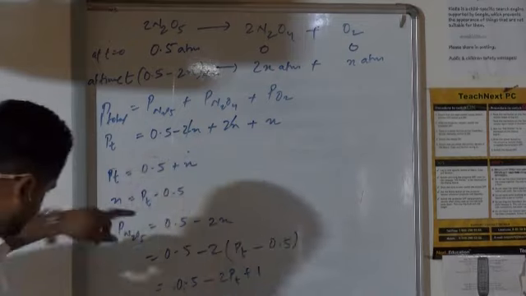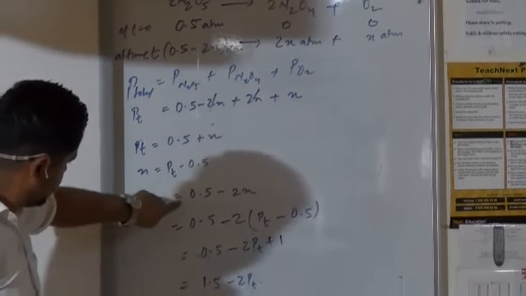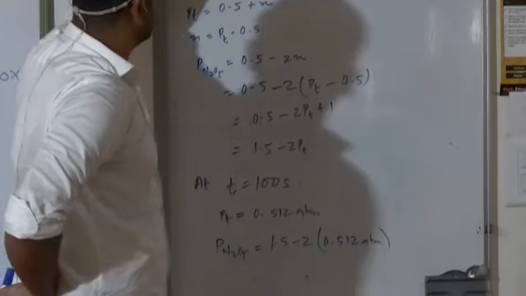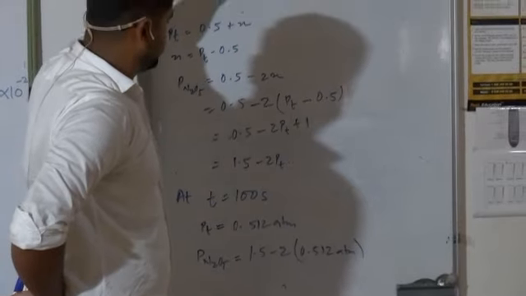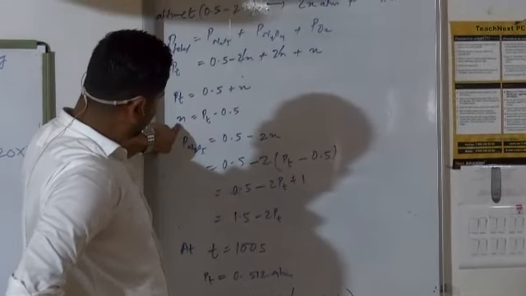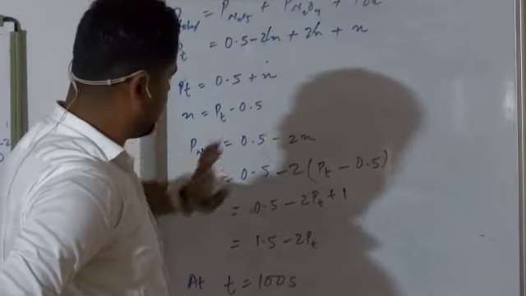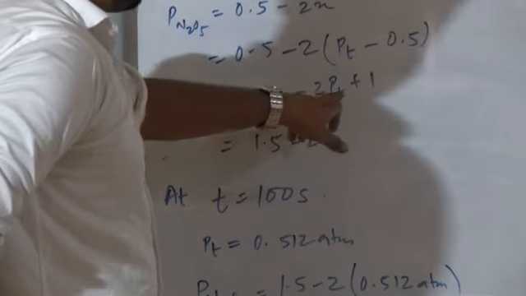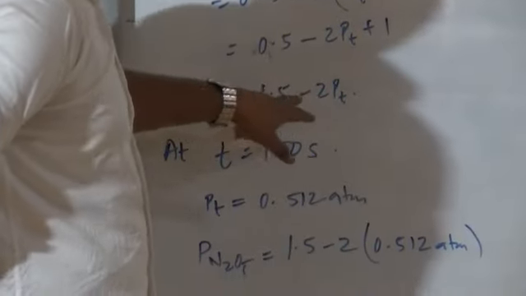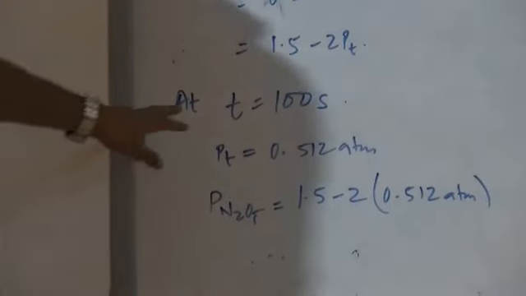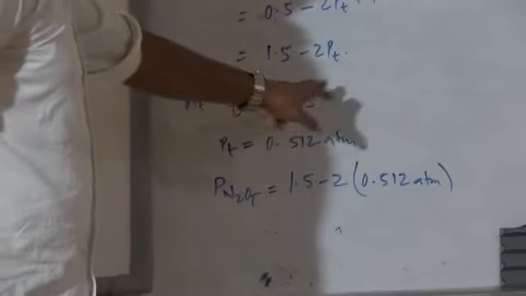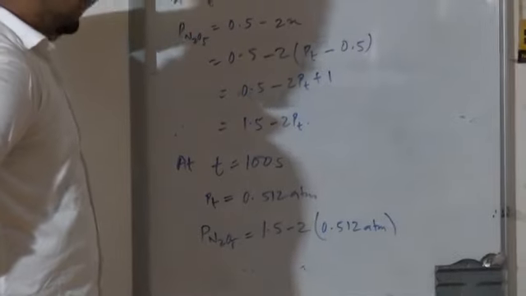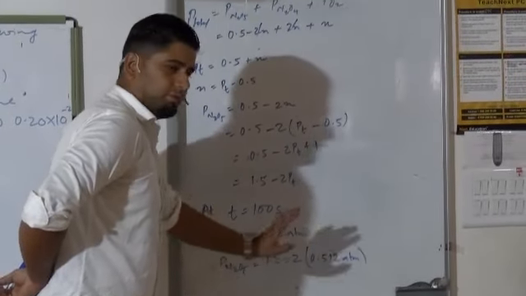Look at the board. P N2O5 is 0.5 minus 2x, which we get from the expression at time t. Yes or no? So we got the value for x, that is PT minus 0.5. We are putting the value of x over here and we are getting 0.5 minus 2 PT plus 1. If we add this, you'll get 1.5 minus 2 PT. So at t when the time is 100 seconds, the total pressure is already given in the data. That is 0.512 atmosphere.